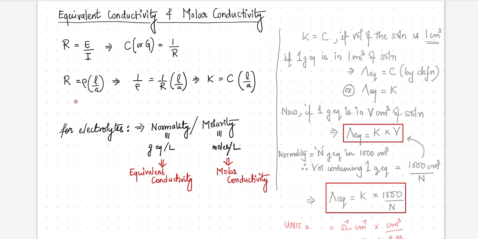Then we also related resistance to the length and area of the conductivity cell in this particular manner, and rho is your resistivity. And then we came finally to the expression where we related the conductance with the conductivity or specific conductivity using this particular expression.